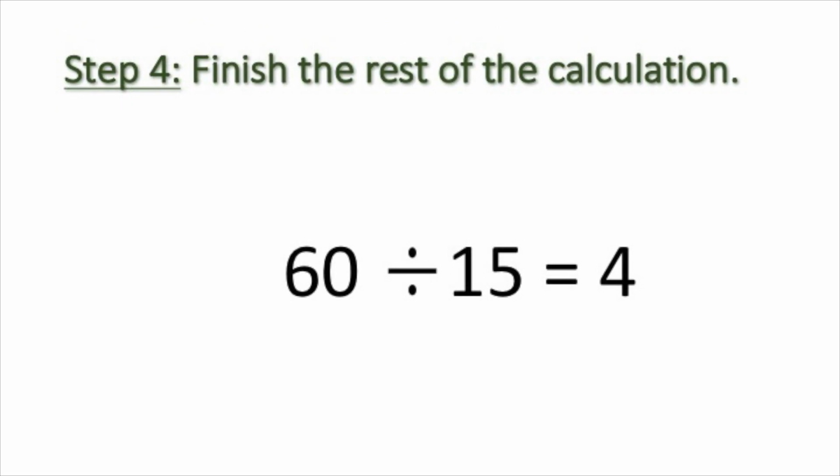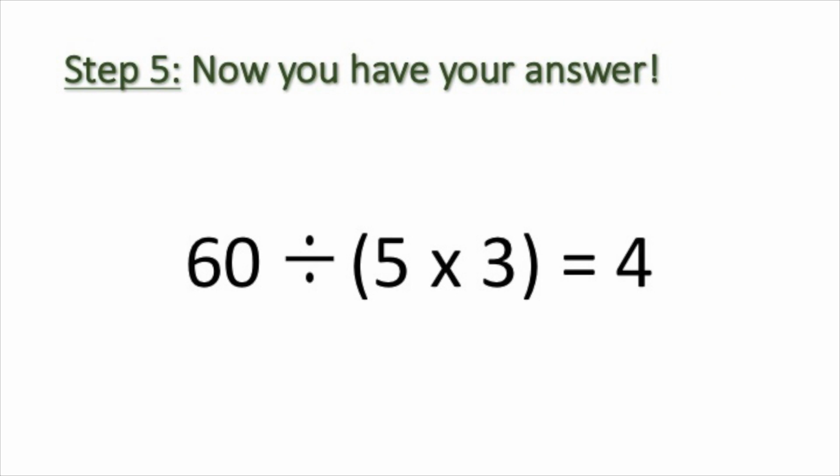Wow. Well done, guys. 60 divided by 15 equals 4. So we can say, going back to our original calculation, 60 divided by 5 times 3 equals 4.